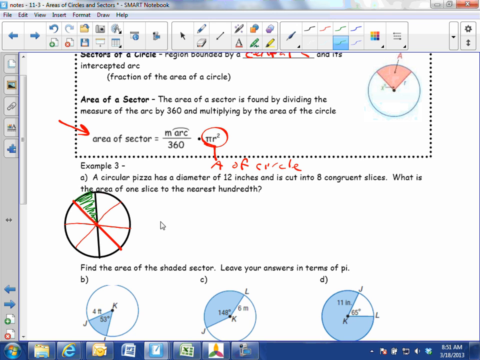The diameter is 12 inches, so divided by 2, the radius is 6. But we also need the measure of our arc, this angle. If we cut it into 8 slices, a full circle is 360, and 360 divided by 8 is 45.